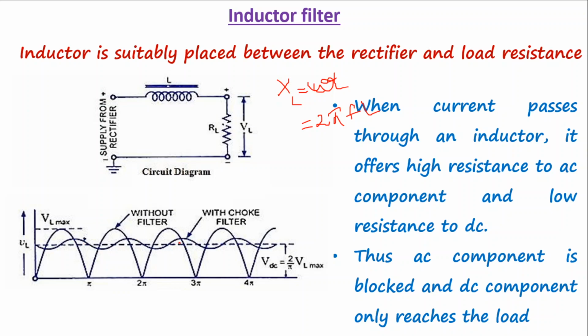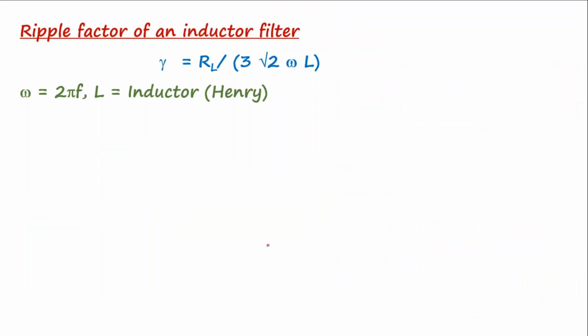So you will still have a small fluctuation, but it is very, very small compared to the original supply from the rectifier. So this is how the output voltage across the load will look. Now this is about the inductor filter. Now we can see a little more about it.